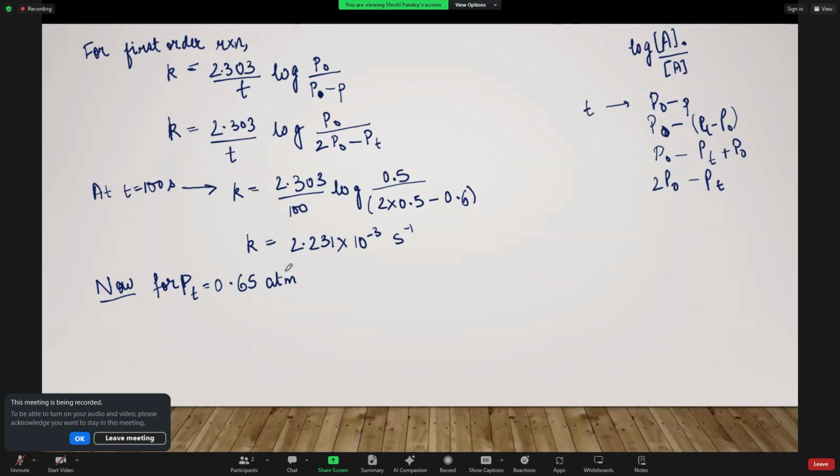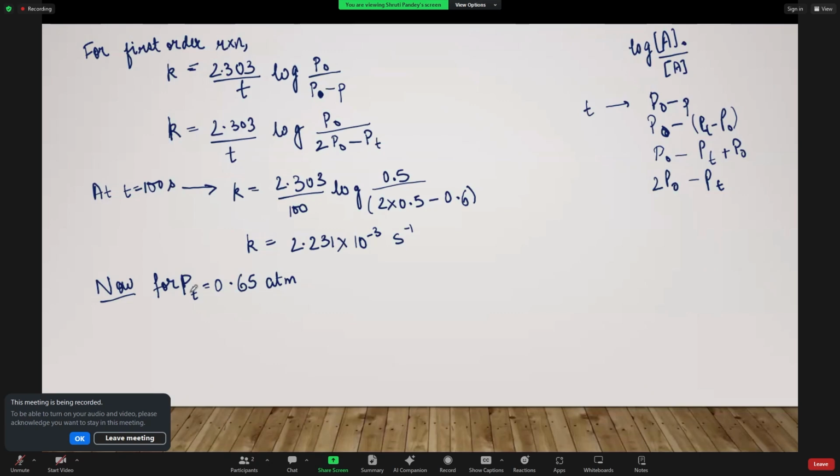Why? Because we do not know the value of time. Matlab, even if we put the value of pt in the integrated rate law, we have now known the value of k, but we do not know the value of time. So how will we calculate? ठीक है, so that is why rate निकालने के लिए we'll solve it in the opposite, in the reverse direction.